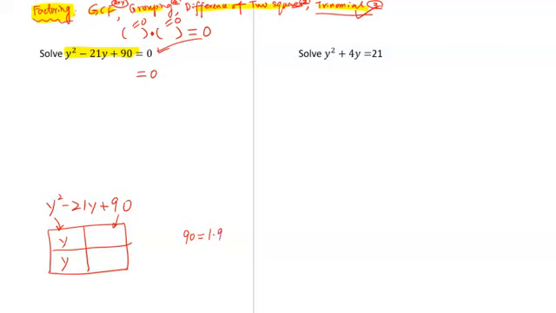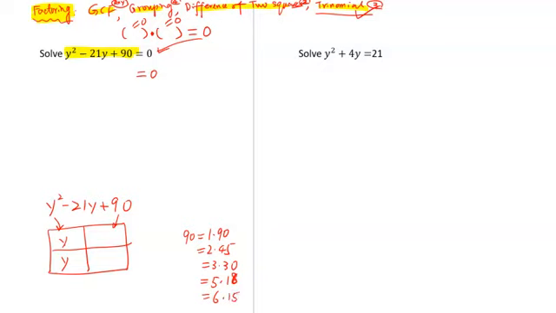Of course, you can do 1 times 90, 2 times 45, 3 times 30, and 4 times... oh wait, sorry, 4 doesn't go into 90. So 5 times 18, or 6 times 15. I think that's all the breakdowns.